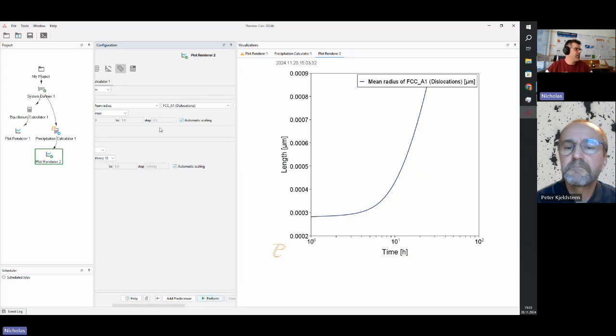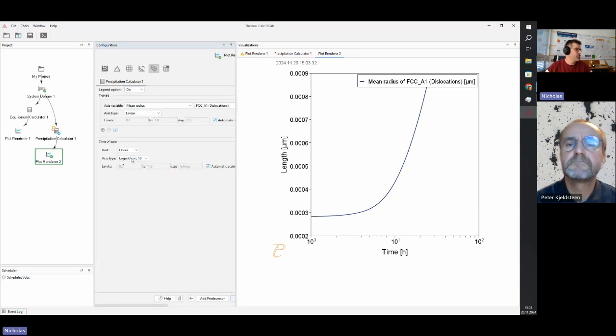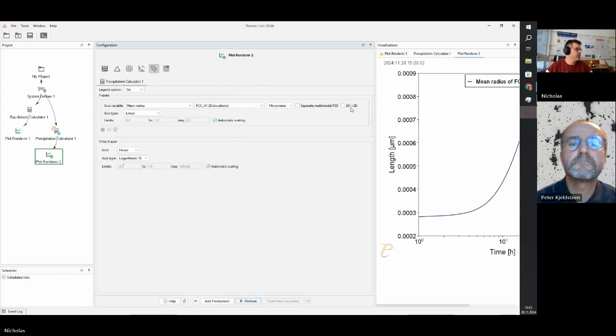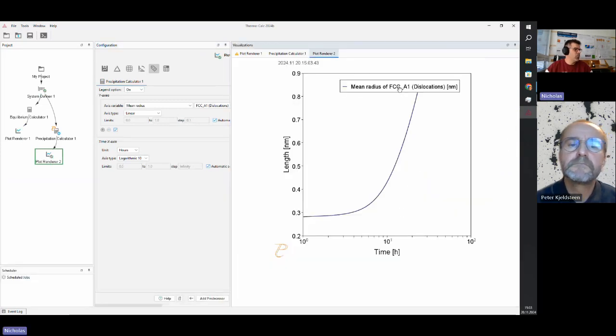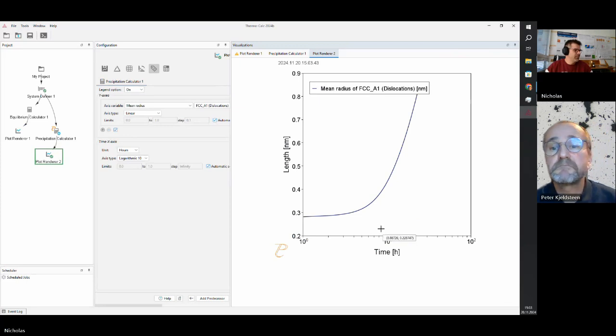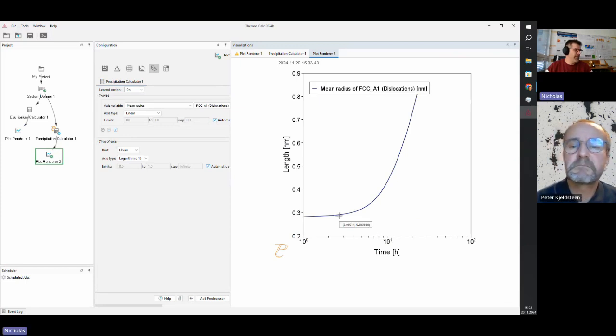The length is in micrometers, so let's maybe make that into nanometers. Right. So yeah, you do get, after a few hours, according to this calculation, you do start forming tiny fractions of precipitates.